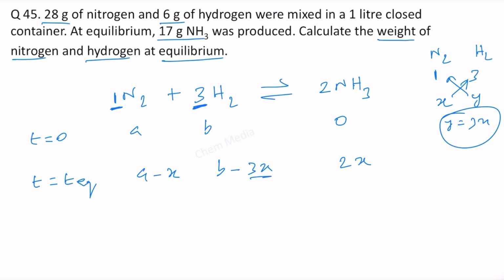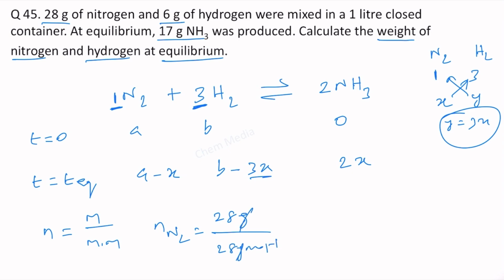Now, the weight of nitrogen is given and the weight of hydrogen is also given. So that means we can figure out what is A and B, because we know that number of moles is equal to mass divided by molar mass. Therefore, number of moles of N2 is equal to mass given, 28 gram, over molar mass of N2, which is 14 times 2, therefore 28 gram per mole.